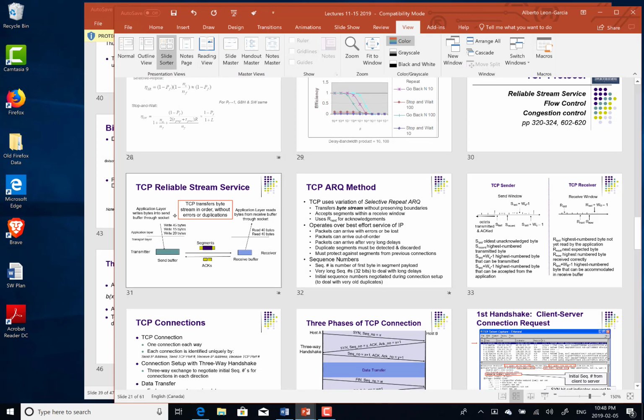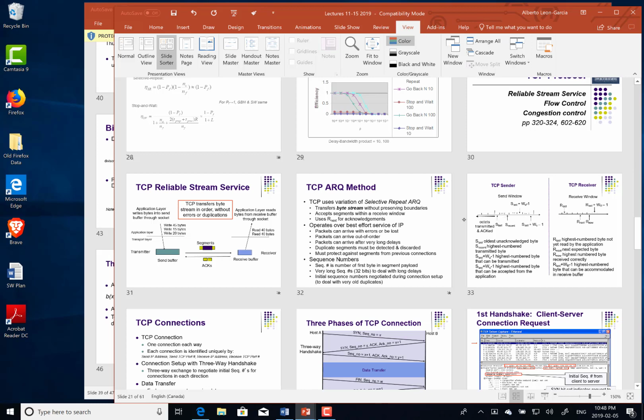It provides reliable stream service. And now that we had covered ARQ, we were in a position to explain how TCP error control works, except that TCP put in a couple of new wrinkles. One of them is that TCP doesn't work with frames. It works with byte streams.